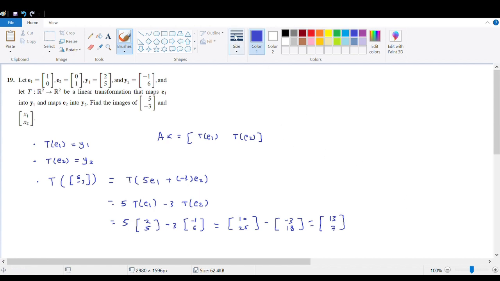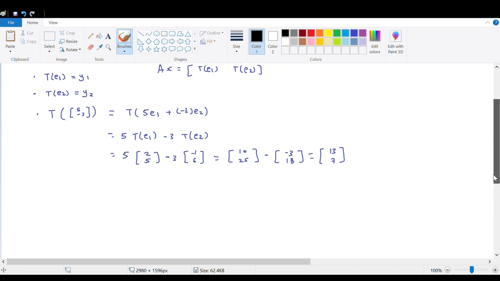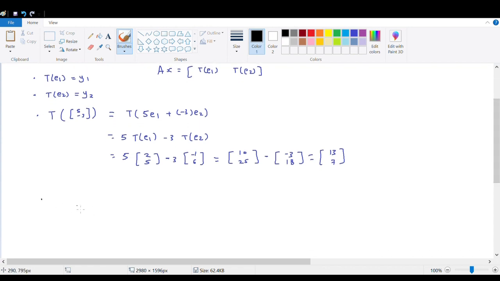Also we need to find what is T of (x1, x2). We'll do it in the same way. So T of (x1, x2) will be equal T of x1 e1 plus x2 e2. So this will be x1 T e1 plus x2 T e2.